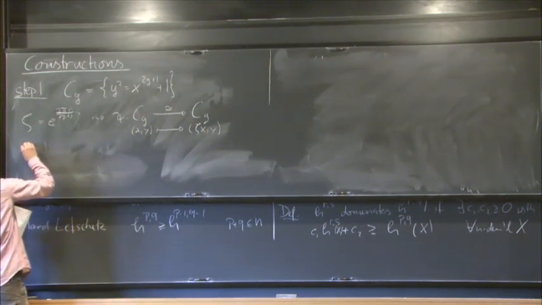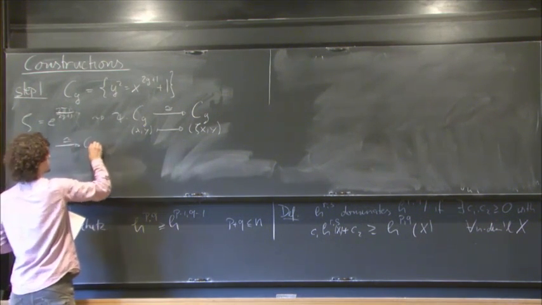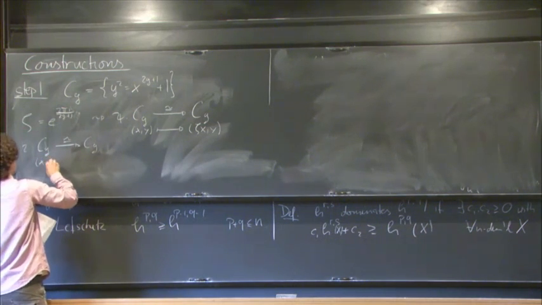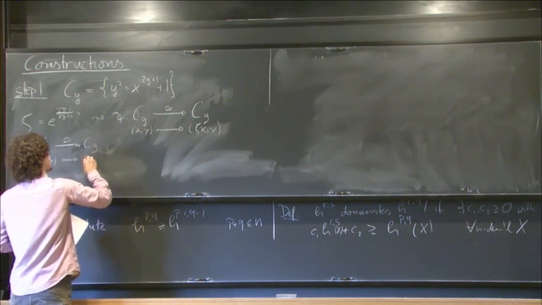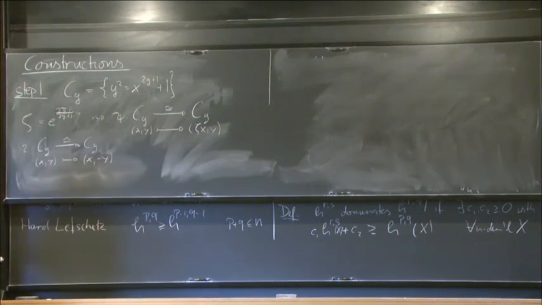And then we have the involution, the hyperelliptic involution, which maps (x,y) to (x,-y). Okay.